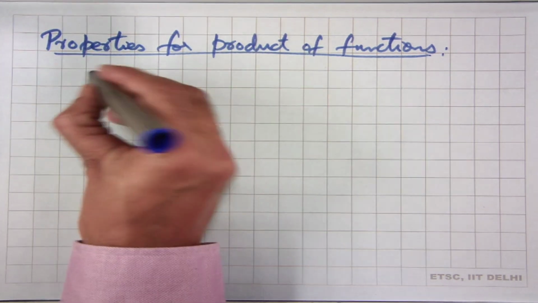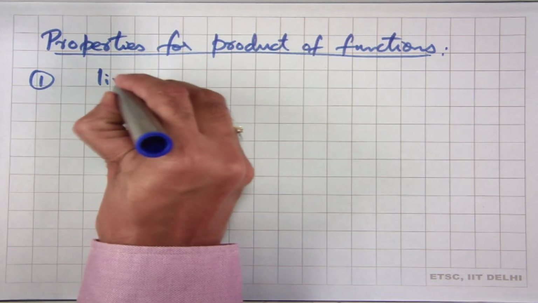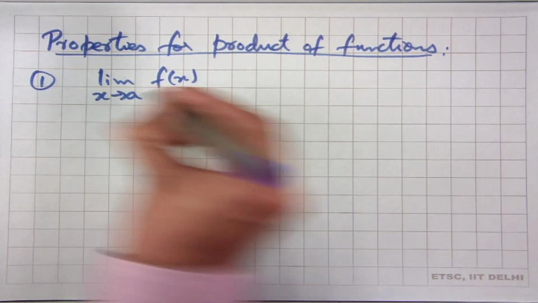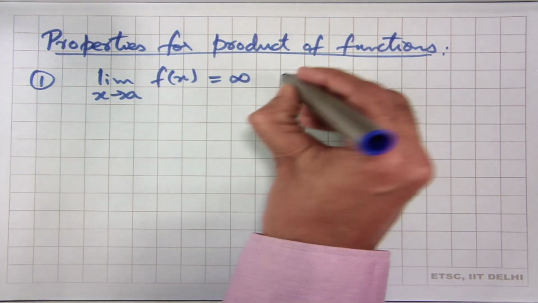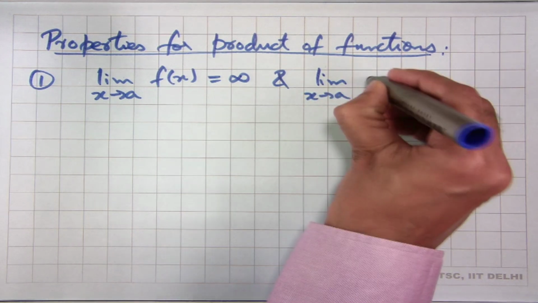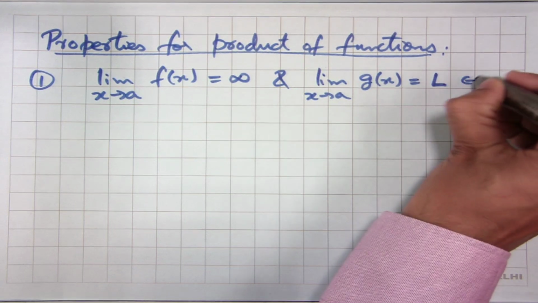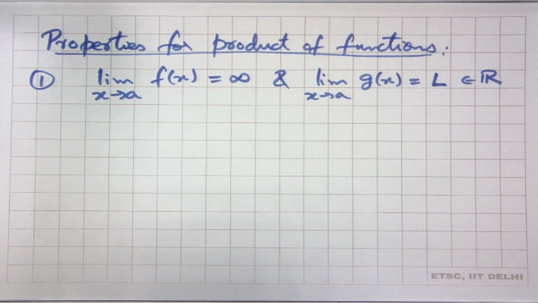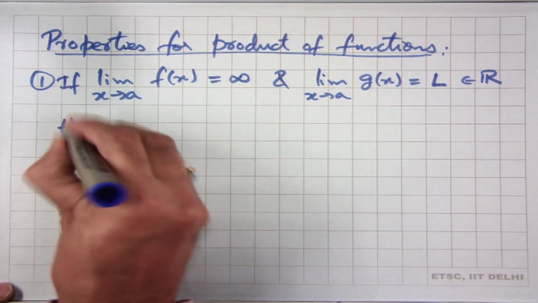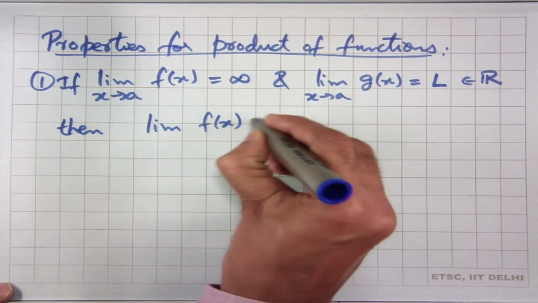Suppose the limit of f(x) as x goes to some a is equal to infinity and the limit of g(x) is equal to some L, which is a real number, then what can I say about the limit of f(x) times g(x)?